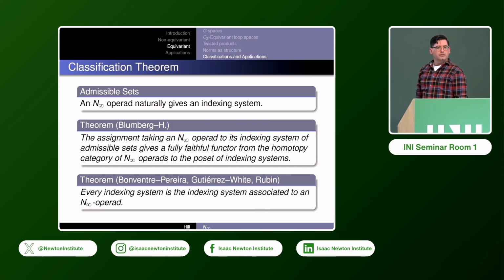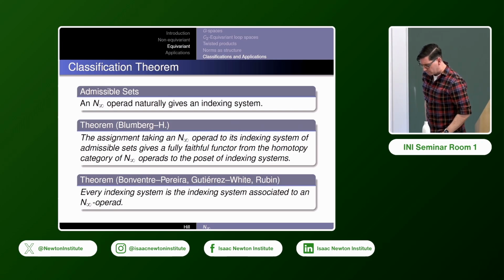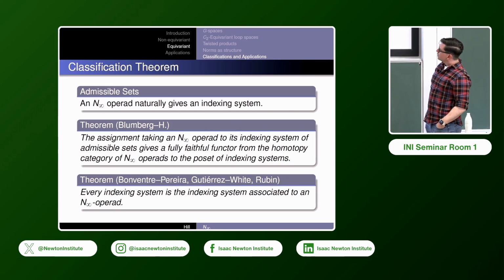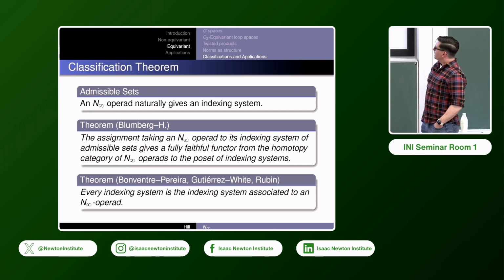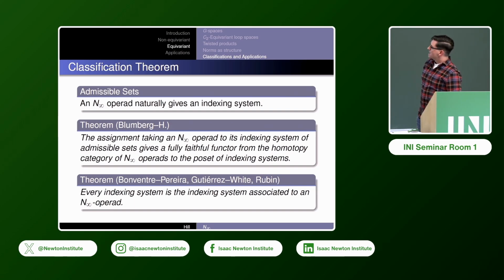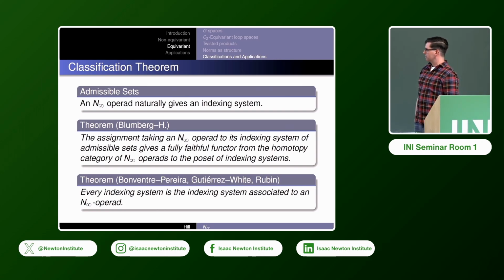If I start with some way to look at these operads that describe not just a coherent multiplication, that's what the last condition did, but a coherent multiplication and coherent norm maps, then the data of that is the same data as a combinatorial object, namely these choices of H-sets for various subgroups H. Andrew and I were able to show that we had the fully faithful embedding of it, and then a group of earlier career mathematicians were able to show that, in fact, I could realize all of them.